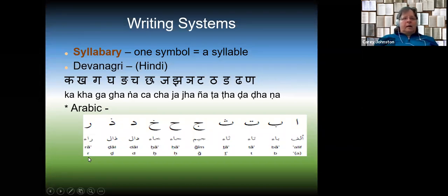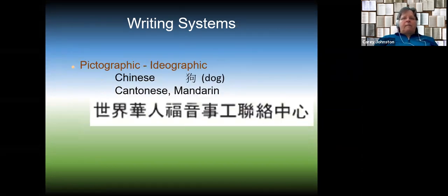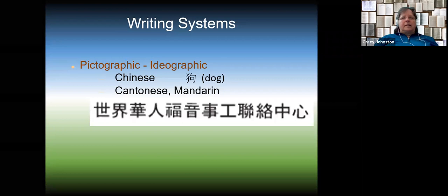Same with Arabic. The Arabic symbol here is the letter for, kind of, the R sound, depending on how it's in the syllable. By itself, it is the syllable ra. The A is inherent in that writing form. We also have pictographic or ideographic writing systems.